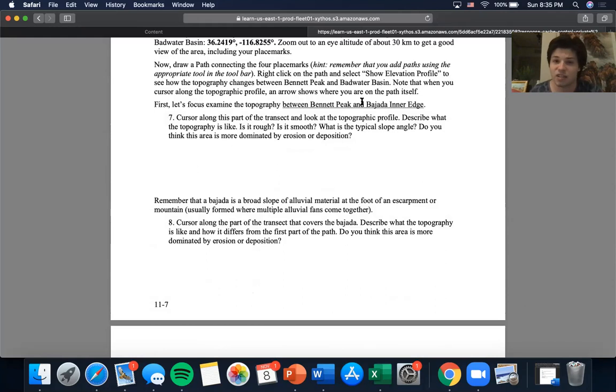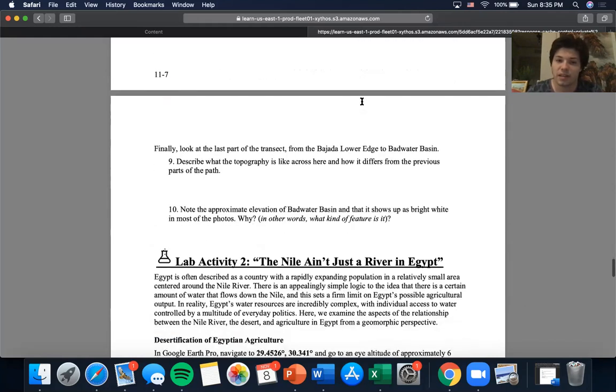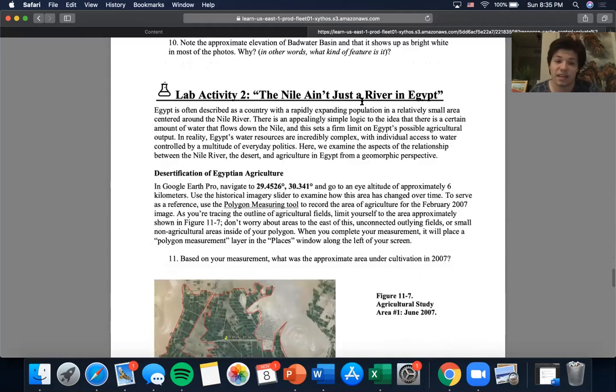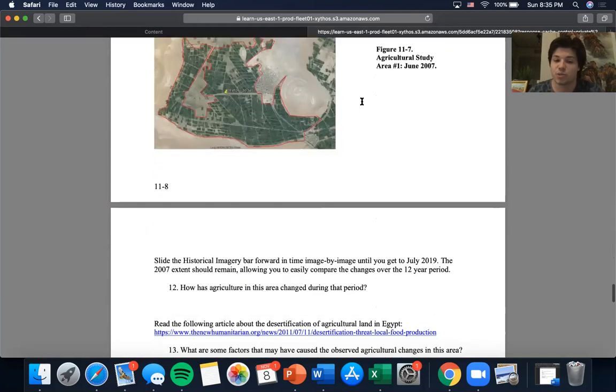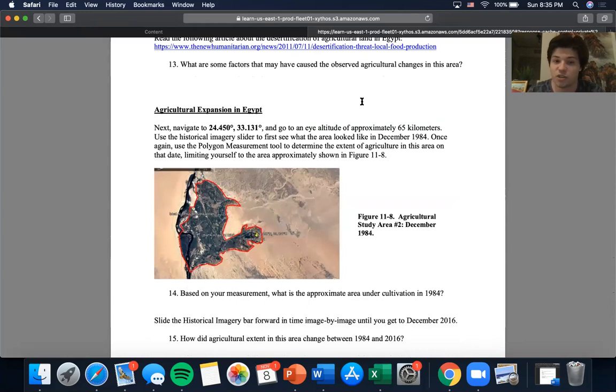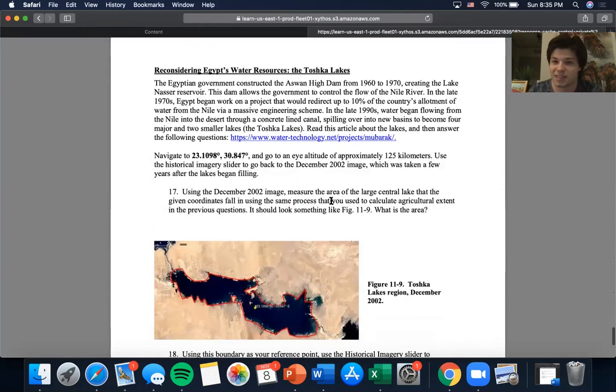Again, there shouldn't be anything new that should be surprising or different in Google Earth Pro. And then the second activity is about the Nile River and looking at changes in agriculture and water use in Egypt. Hopefully you'll all find it interesting. I actually put this part of the lab together myself. So if you don't like it, you can blame that on me.